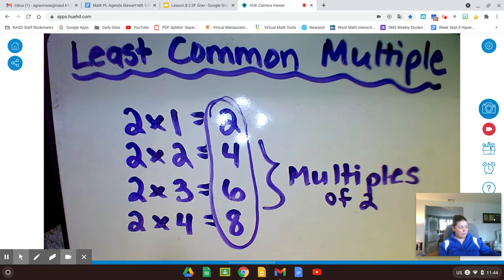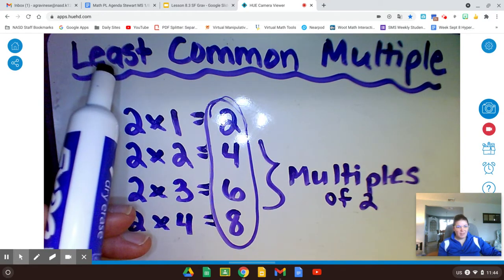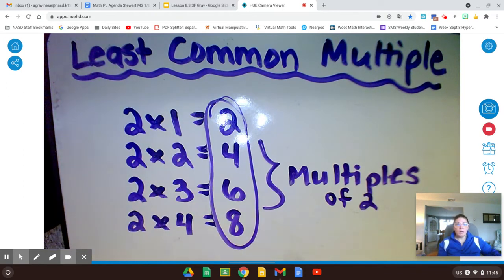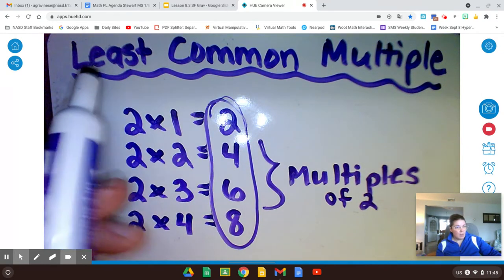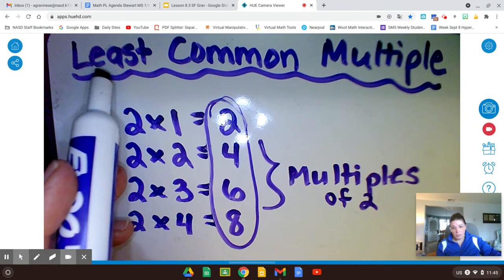Now, the reason we're focusing on least common multiple and not greatest common multiple is because there's no such thing as greatest common multiple. Numbers can go on forever. I can always add one more, which means I will never be able to find a greatest common multiple because I can keep going to the next number. So when we find a common multiple, it's always going to be the least, never the greatest.